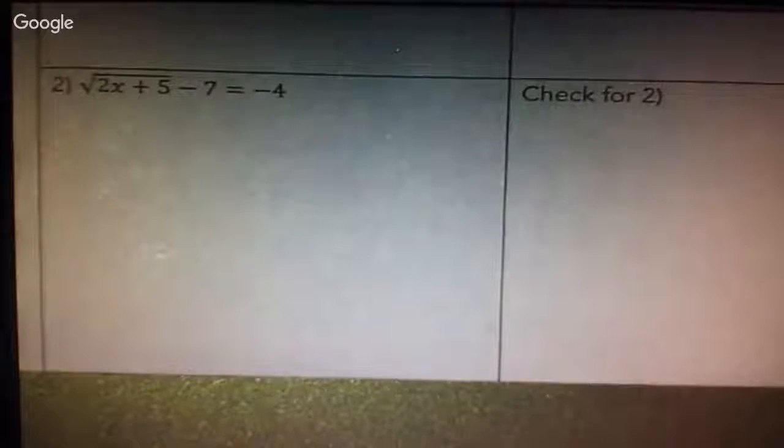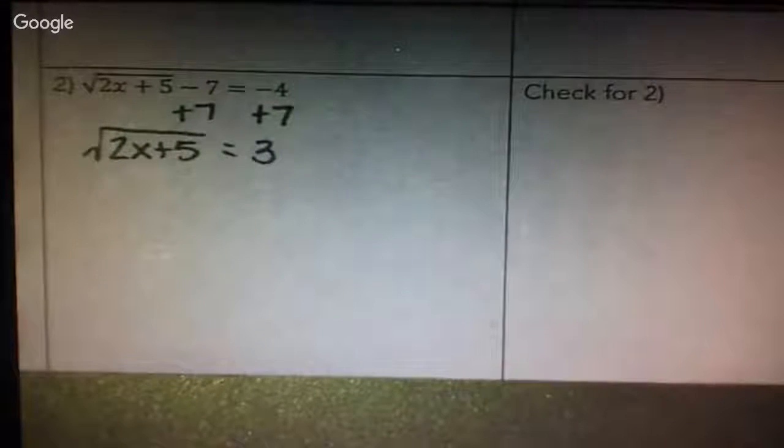Take a look at number 2. Okay, before I can square both sides, I have to get the radical by itself. So what do I need to get rid of? I need to add 7. I have to get rid of that 7. It's not inside the square root. So I've got the square root of 2x plus 5 equals 3.